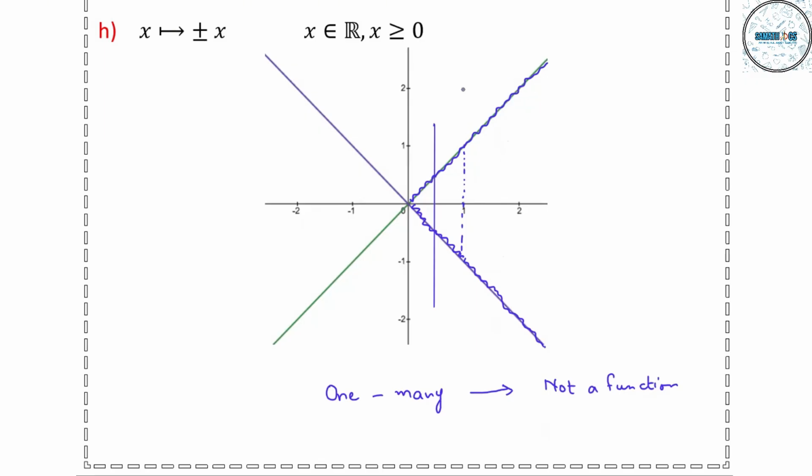In the same way, we can draw a vertical line here as well. You can see the vertical line is intersecting this graph at two different points. So it means that it is one-to-many mapping and it is not a function.